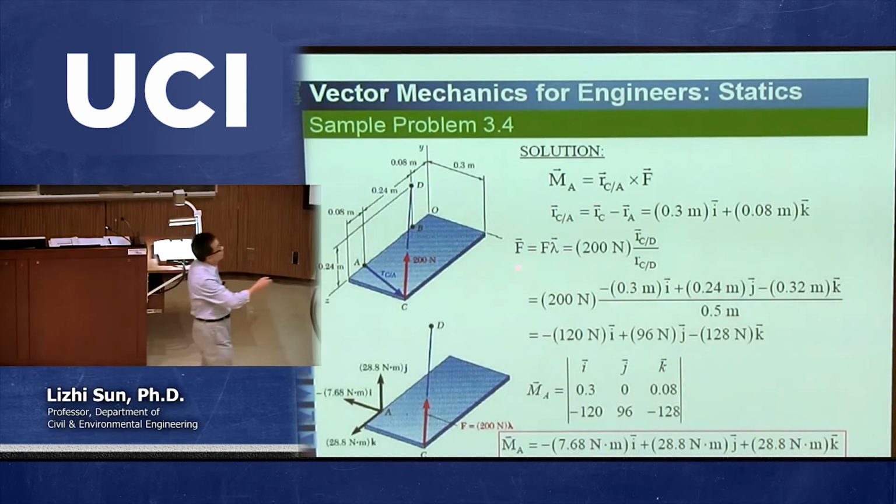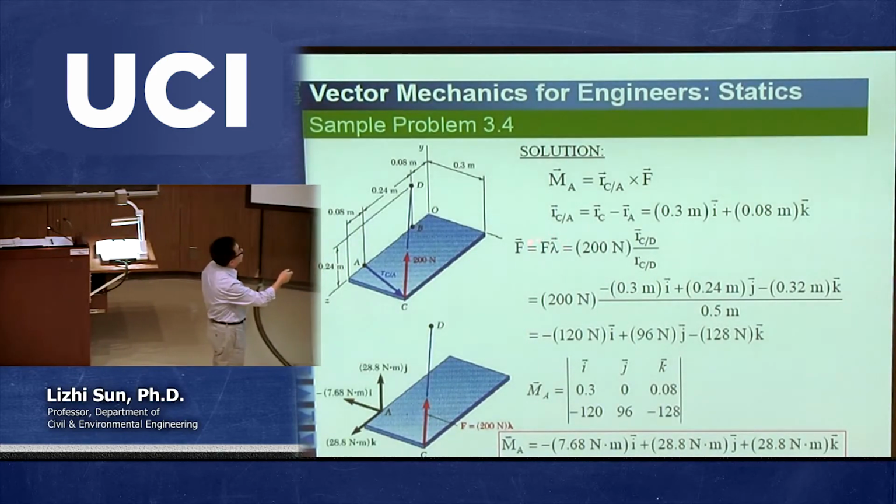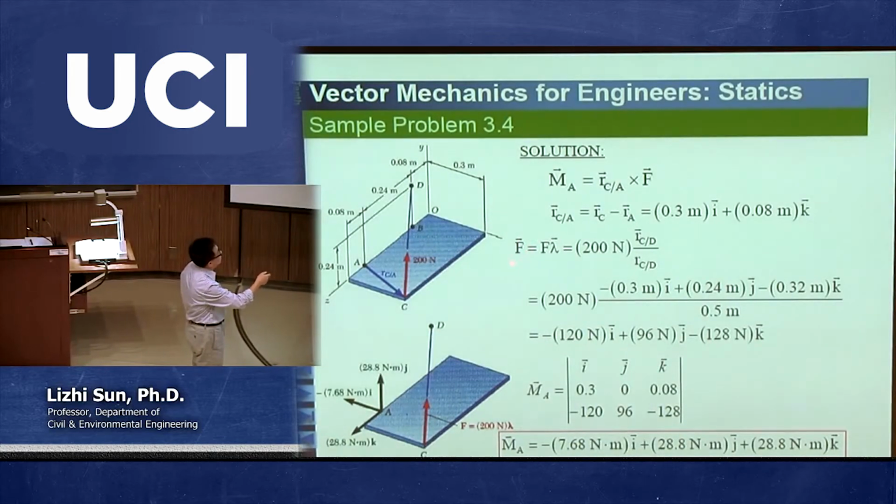In chapter 2, we normally write a force vector, on the left-hand side, split into 2 parts. One is the physics part, that's called the magnitude, and one is the math part, which is called lambda. So F for this problem equals 200 Newton given in the previous slides.